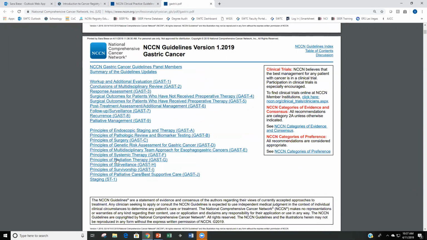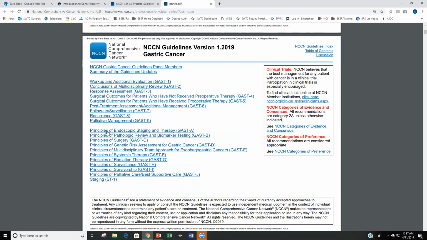So if there's anything in the guidelines that you don't really understand, usually there's a link either within the guideline itself or at the bottom of the page where you can click on these different principles.